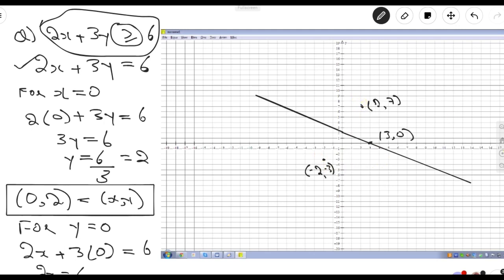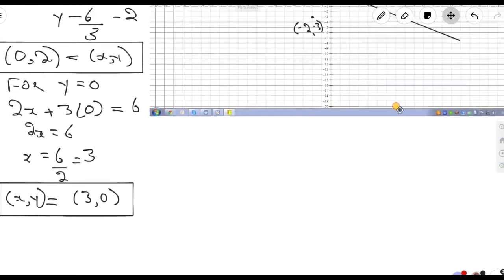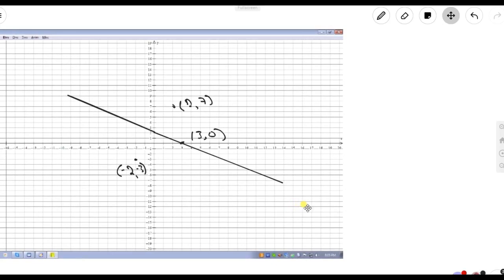Which one satisfies? I think over here we should do it. The inequation is this. Now the test point (2, 7), let us substitute and see if it's preserving this inequality or not.